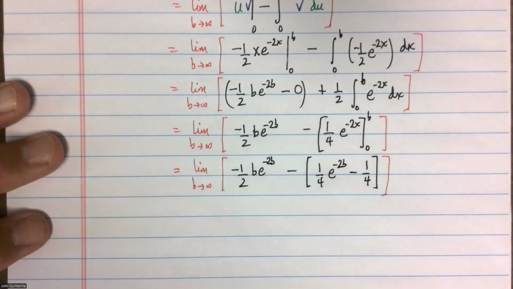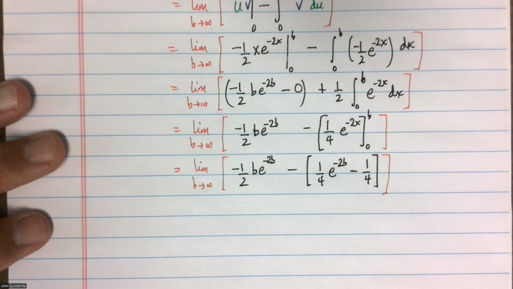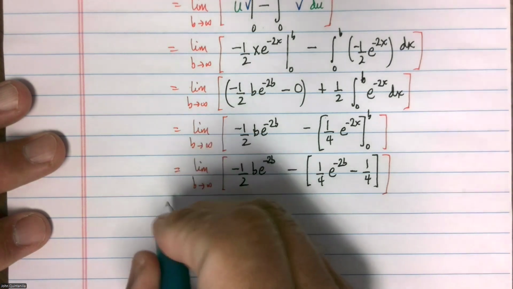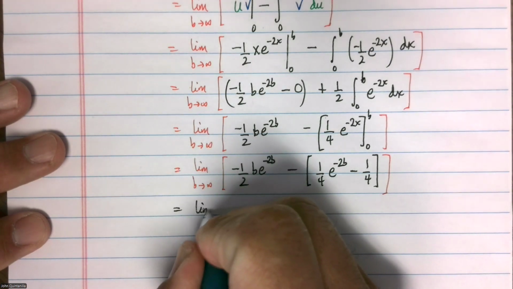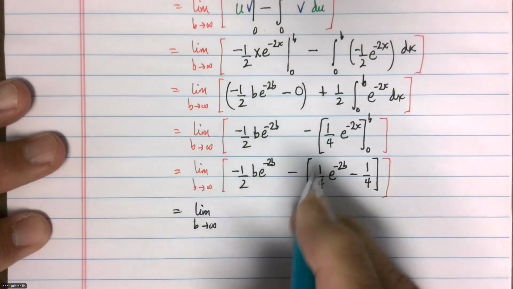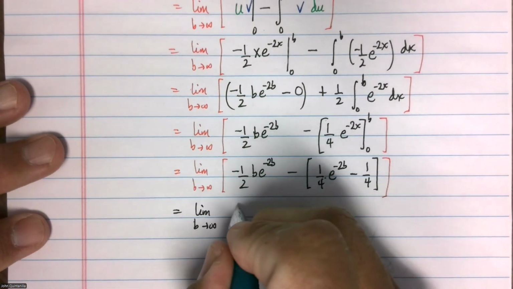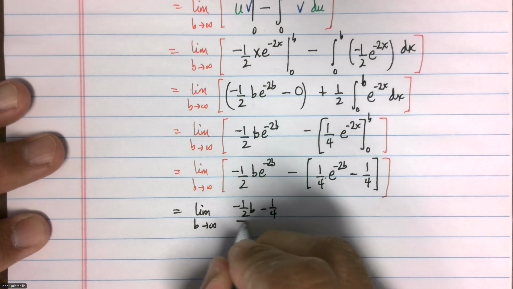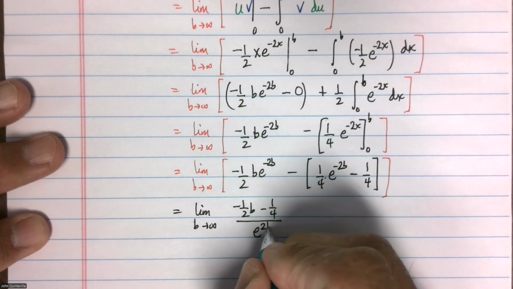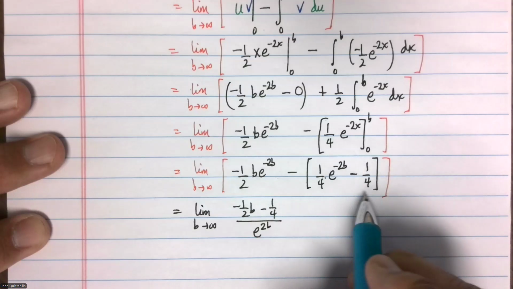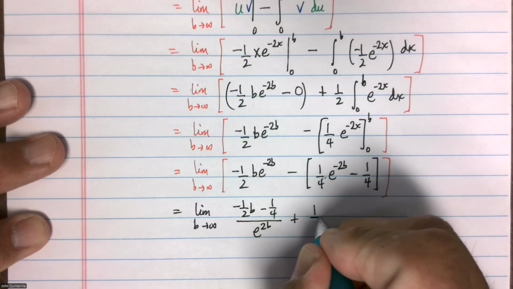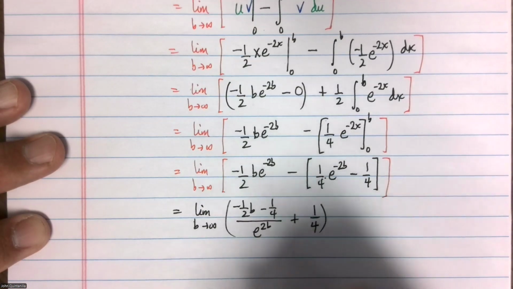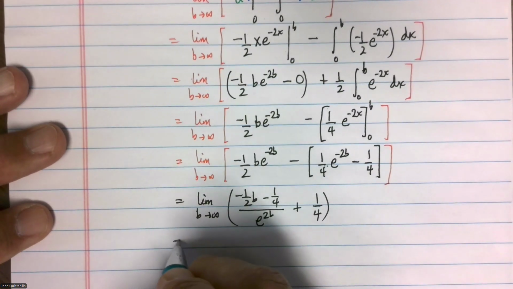Now finally, we're able to take on this limit as b goes to infinity. These terms I'll combine as negative 1/2 b minus 1/4 all over e to the 2b, and then I've got an extra plus 1/4 that comes along that's not part of that fraction.